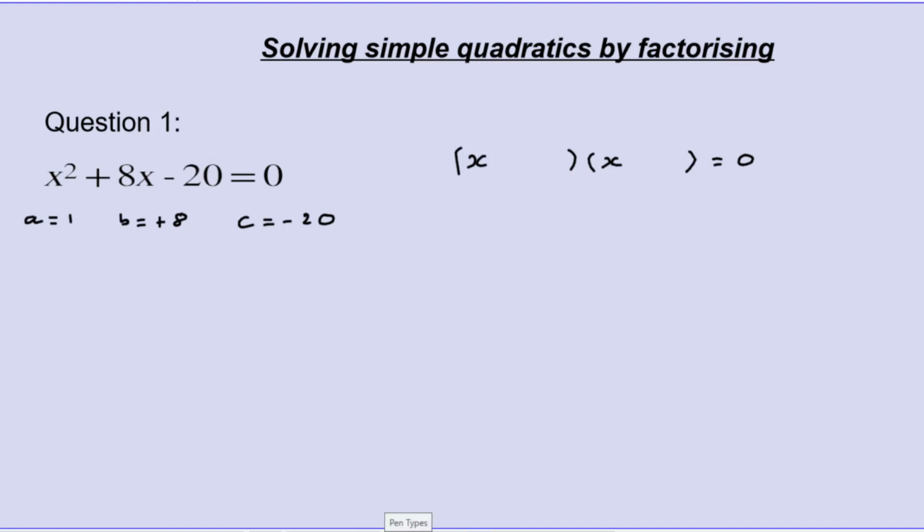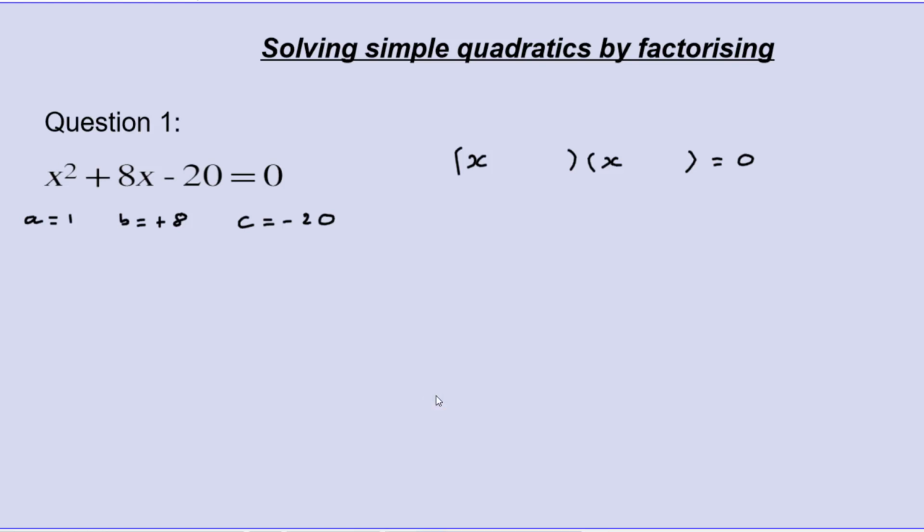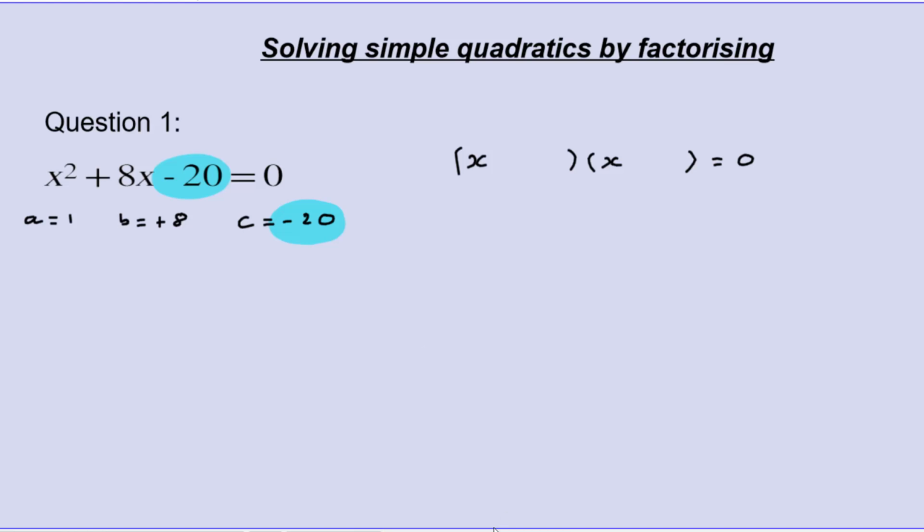Now first we're going to look at the method we used in the previous session, and the first number we look at is c. In our case it's minus 20. I'm going to try and find the factors of minus 20. We're going to start with the obvious ones. So in this case the factors of 20 are 1 and 20, so that the product is 20, but we look at the sign in a second stage like we've seen in the previous session.